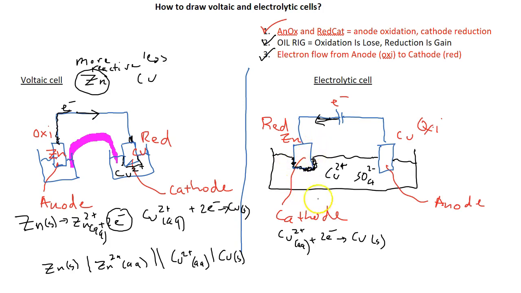Then that begs the question, do I have to have zinc here? Does it matter? No, you could have another piece of copper, or lead, or whatever. What decides which electrode gets the copper deposit on it is the direction that you plug this piece of metal into your power source.